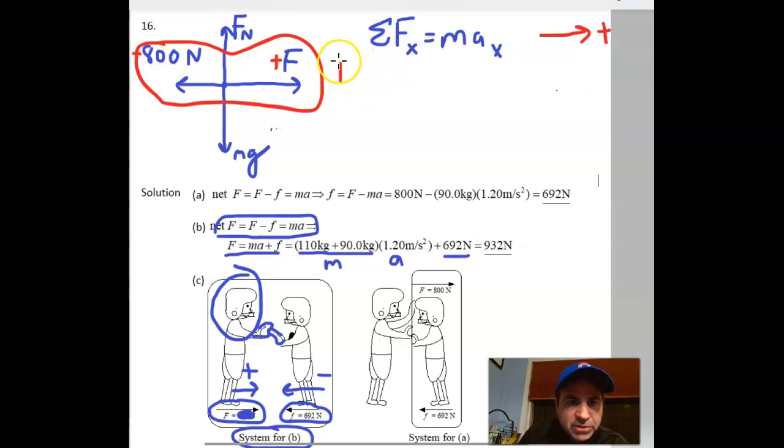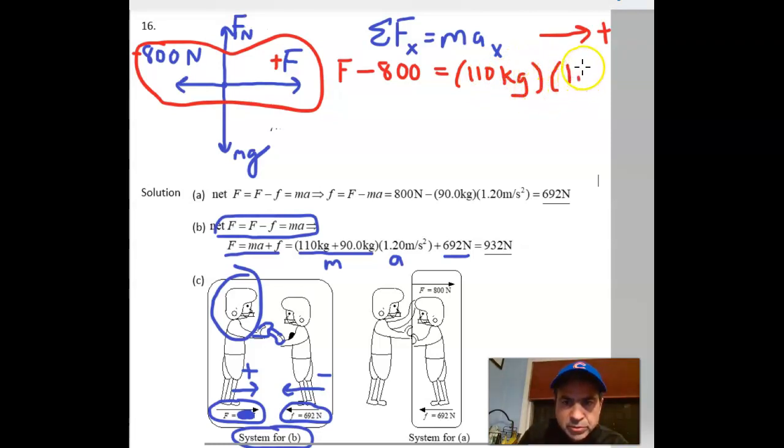So when I substitute for sigma F, I get F minus 800 equals, and now the mass is just 110 kilograms because we're just modeling that one player. And then we know the acceleration is 1.2 meters per second squared.